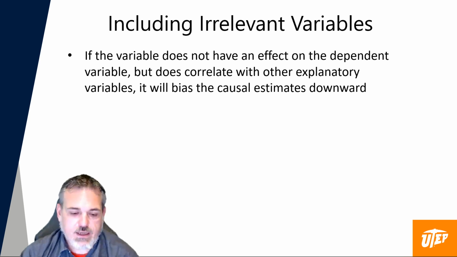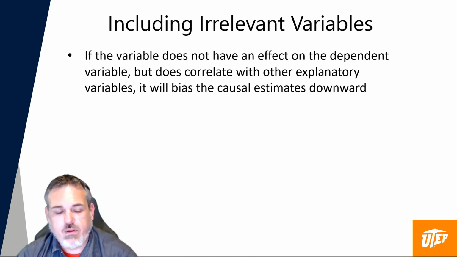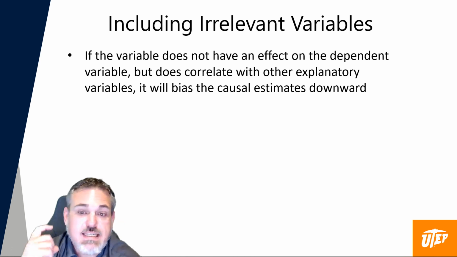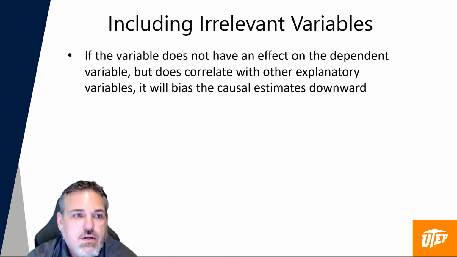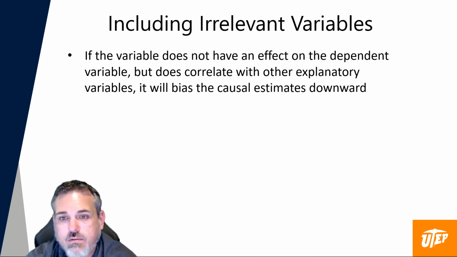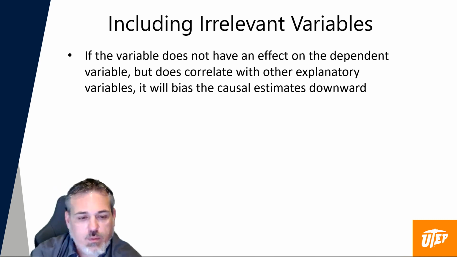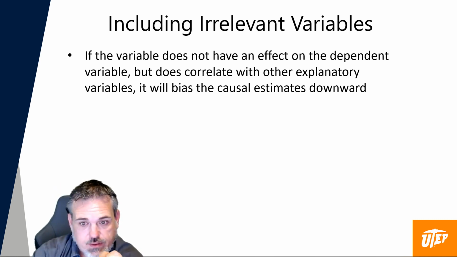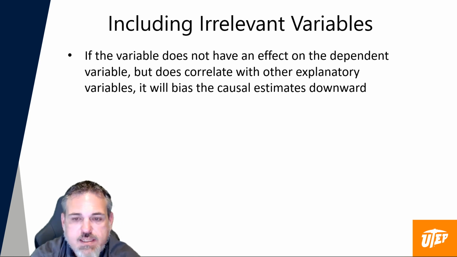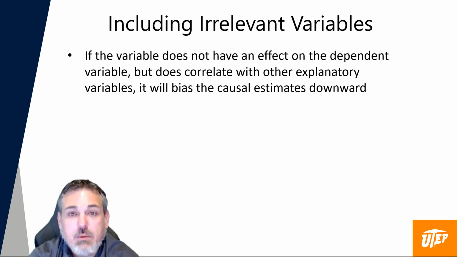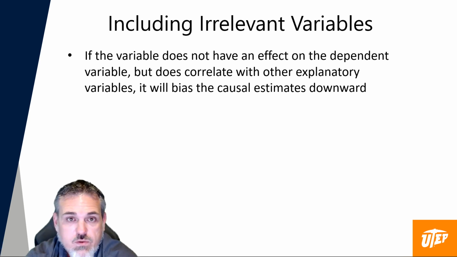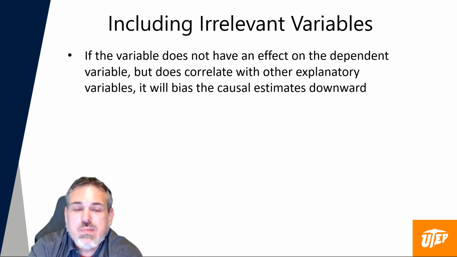So if you have variables X and Y predicting outcome Z, and you find evidence that X has an effect on outcome Z, but Y does not, but Y and X themselves are correlated, well, then you're going to be absorbing some of the variance in X with variable Y, and it will actually cause us to underestimate the causal effect of X on Z. Just by including Y in the model, we're muting the effect of X.